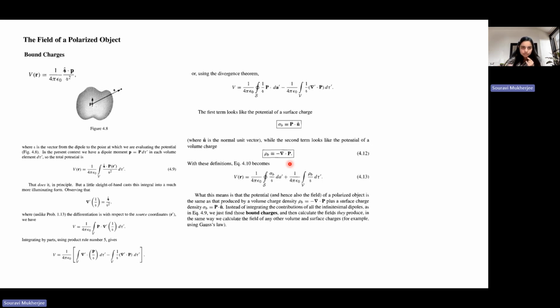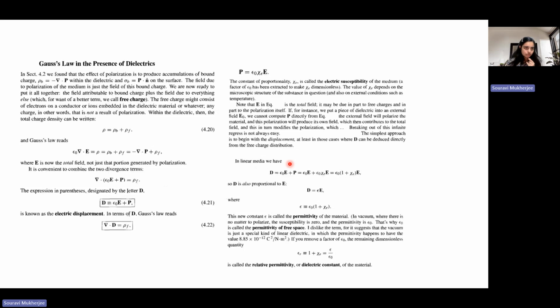Now, if you want to find the expression of Gauss's law in the presence of dielectrics, you can rewrite the total charge distribution as the sum of two charges: the bound charge density and the free charge density. Suppose you put in some charge at a certain location, that's the free charge. But the induced dipole moments that are generated because of this field will also have their own effect on the field.